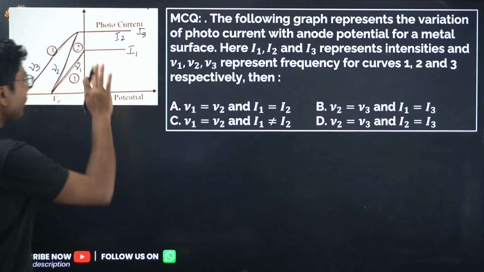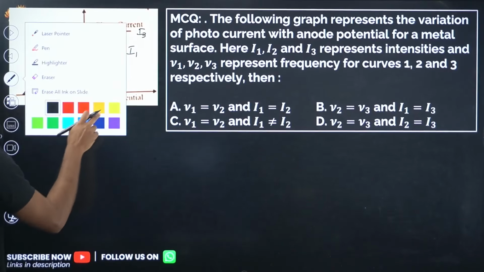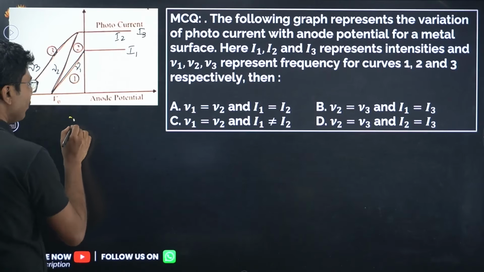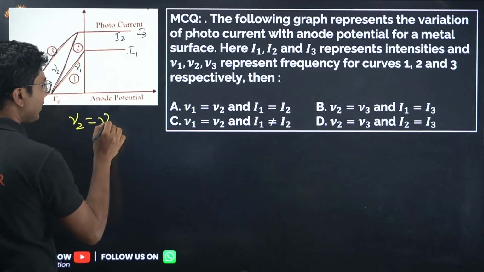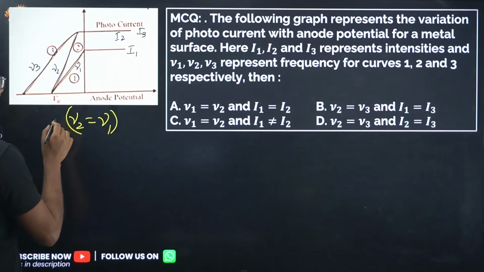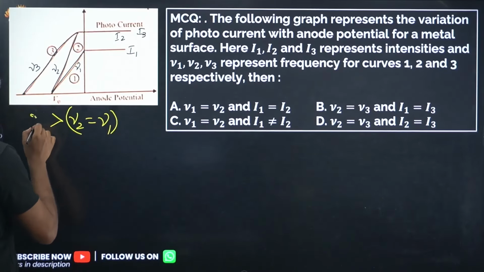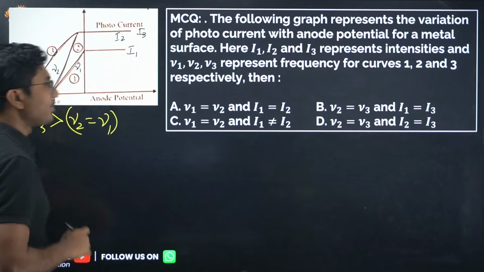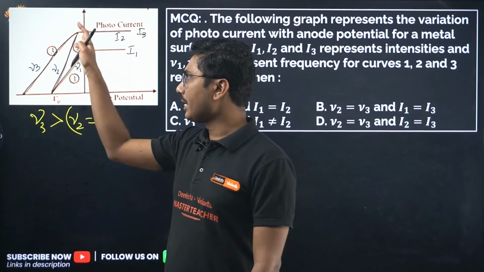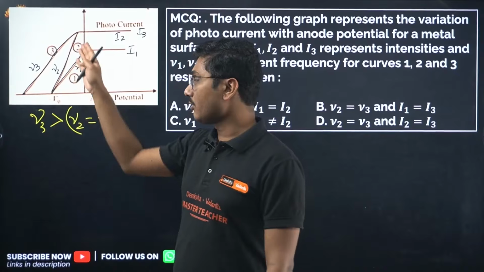So from this given information, what is correct? Obviously both of these two lights have the same frequency, so nu2 must be equal to nu1, and both of them should be less than nu3. Nu3 must be greater than both of them, because nu3 has a higher cutoff voltage.